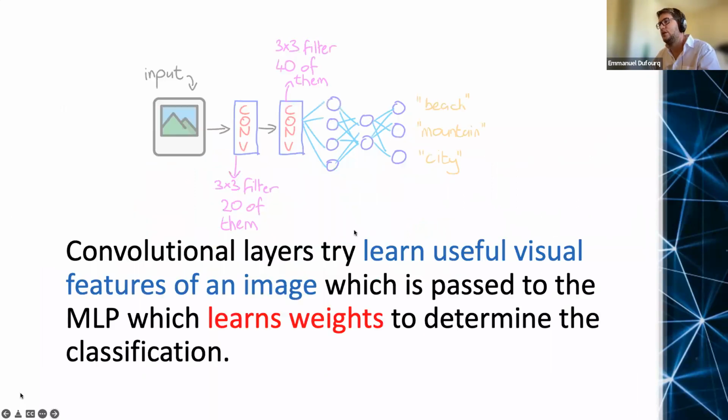So essentially, the convolution layers try to learn useful visual features, right? Because that's the purpose of the filters, to create these feature maps, which are hopefully useful. And then it's passed to the feed-forward neural network part, which is responsible for doing a classification.